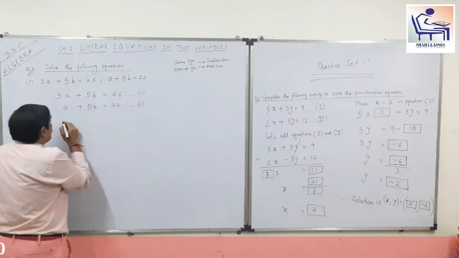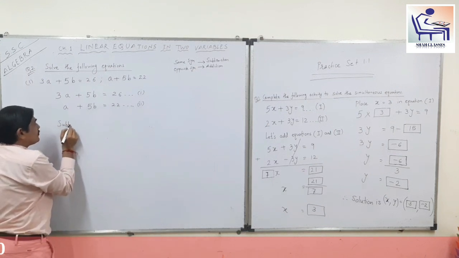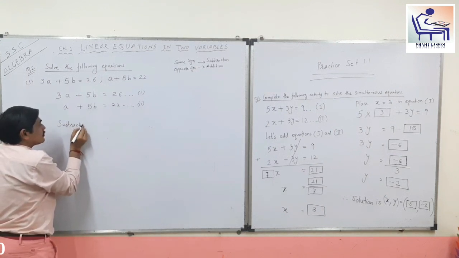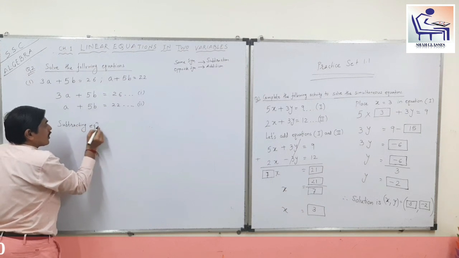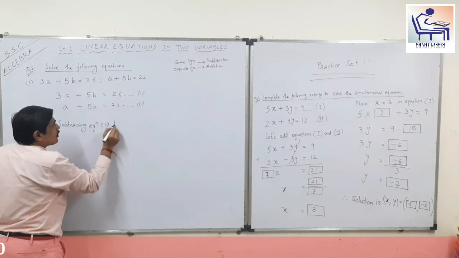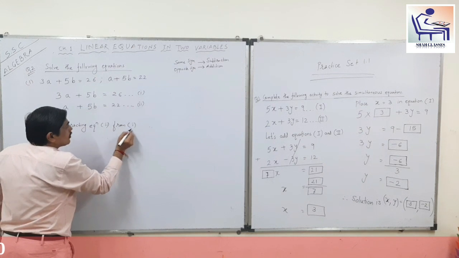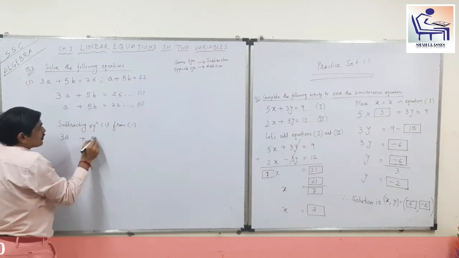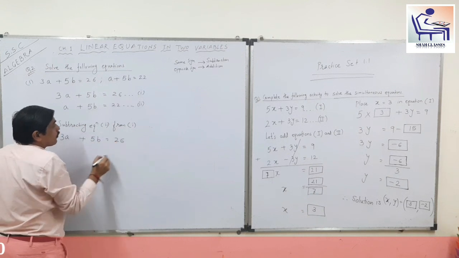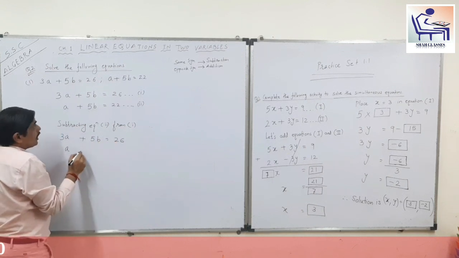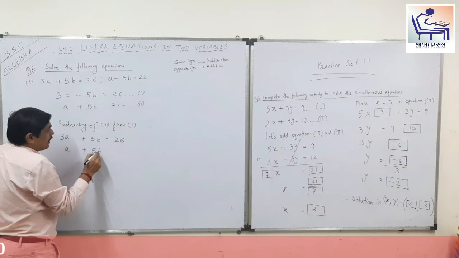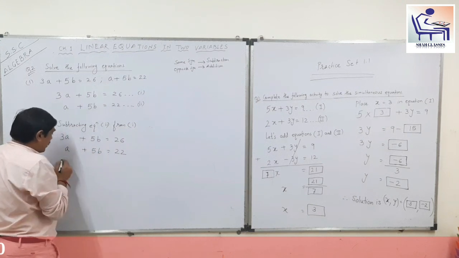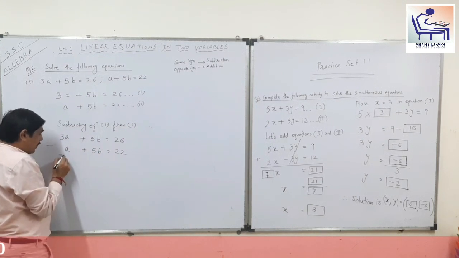So, subtracting equation 2 from 1. So 3a plus 5b is equal to 26, a plus 5b is equal to 22. We are going to do the subtraction.